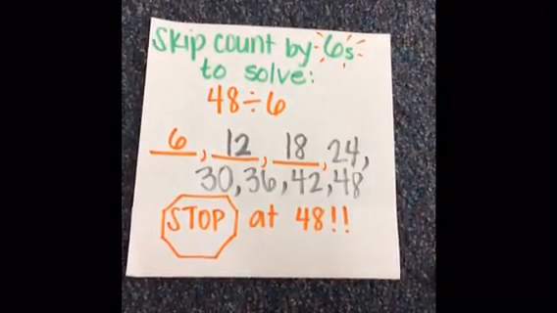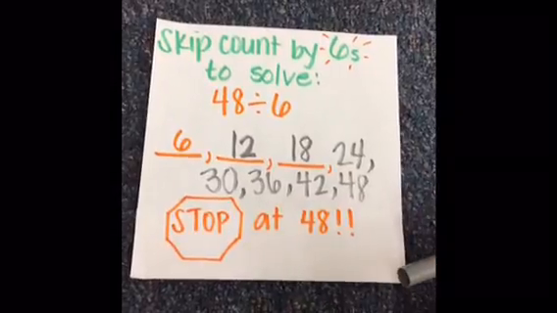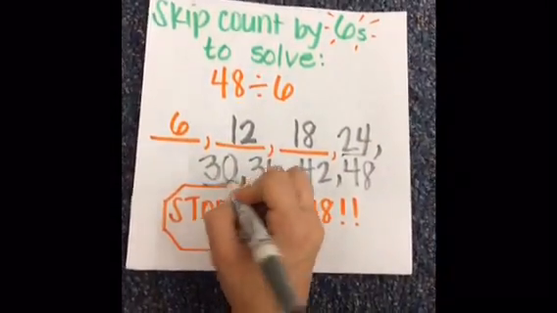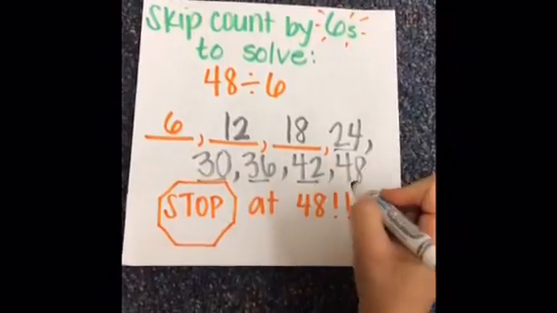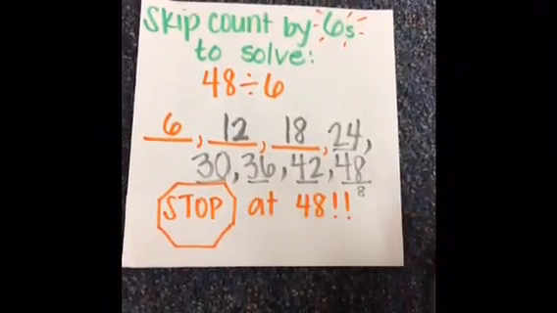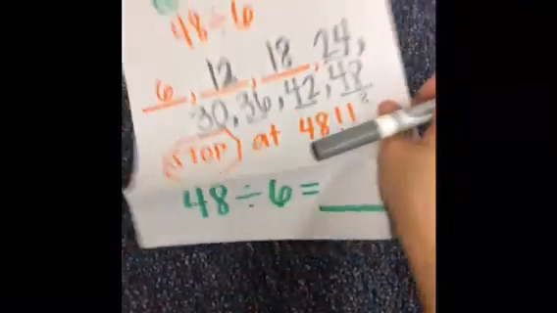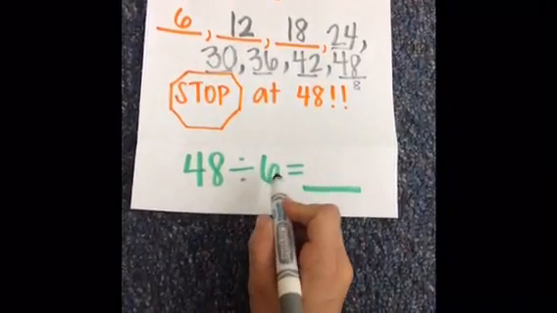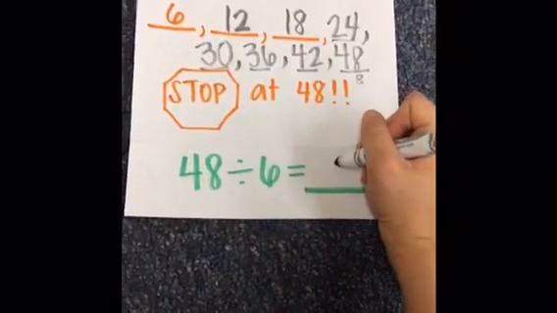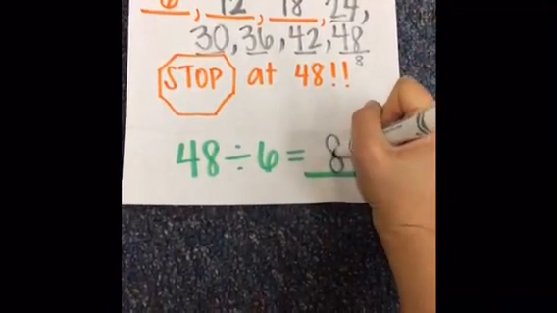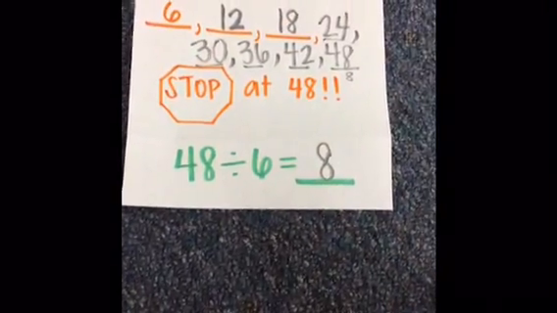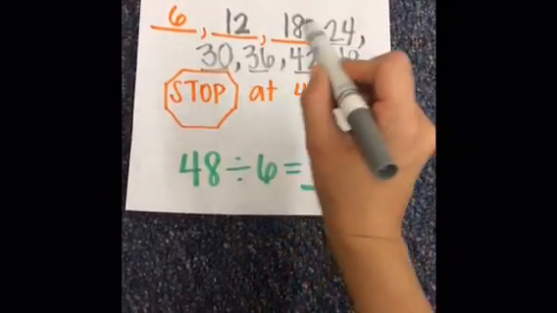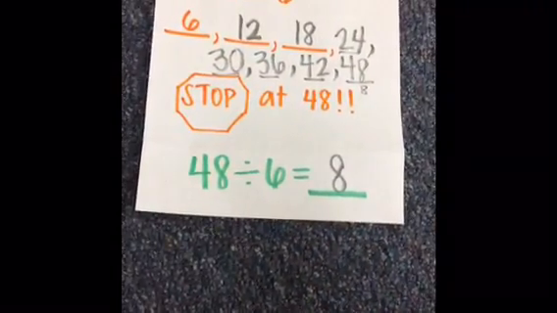So let's look at how many times we just skip counted till we hit our number 48. 1, 2, 3, 4, 5, 6, 7, 8. We skip counted 8 times. So we know 48 divided by 6 equals 8. Because we skip counted by 6 8 times.